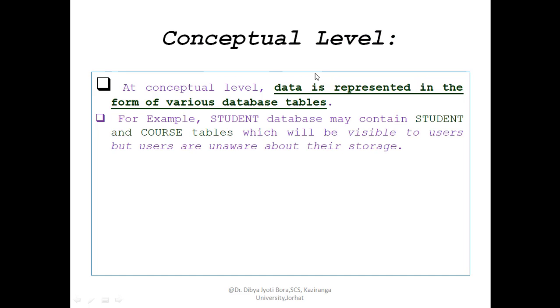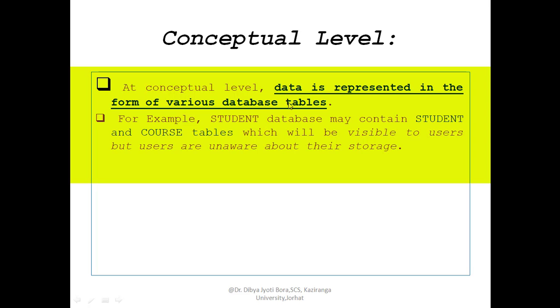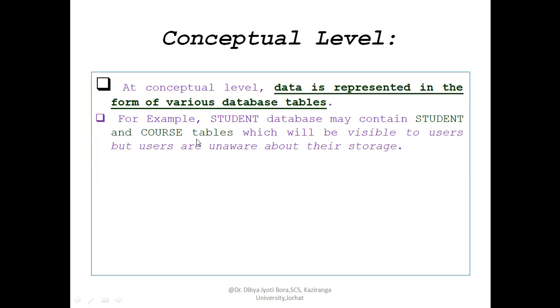Then the conceptual level. At the conceptual level, data is represented in the form of various database tables. For example, a student database may contain student and course tables, and they will be visible to users, but users are not aware of their storage. The important point about the conceptual level is that here data are represented in the form of virtual structures known as database tables.